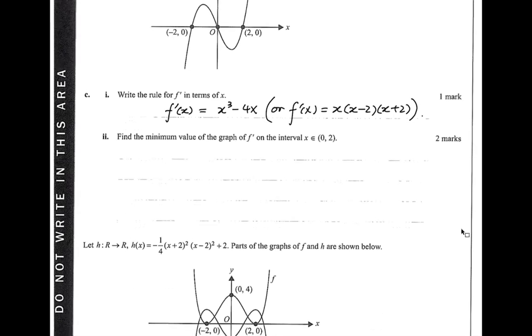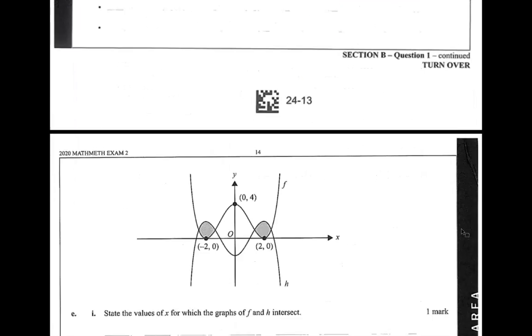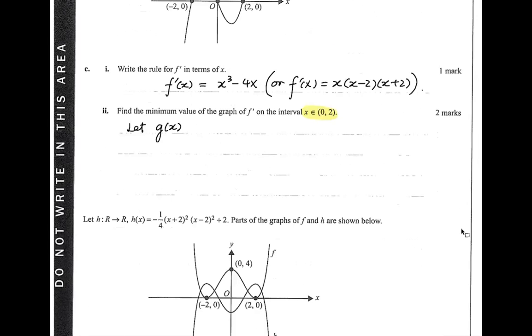Find the minimum value of the graph of f dash on the interval x within 0 to 2. So this is my domain restriction. Therefore, let g of x be f dash of x. Do we have g later on? Nope, good, no letter contradiction.